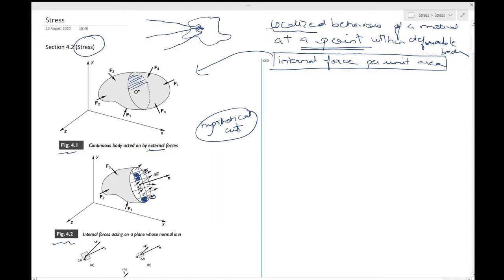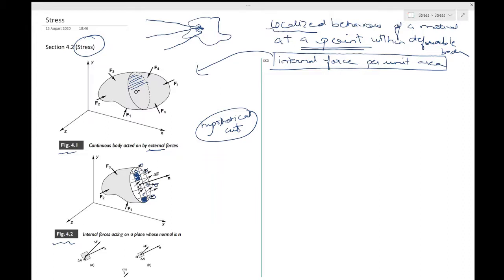We will observe that these forces in general vary from one small area to the next. This force for this area will be different from this force in this area, and so on.